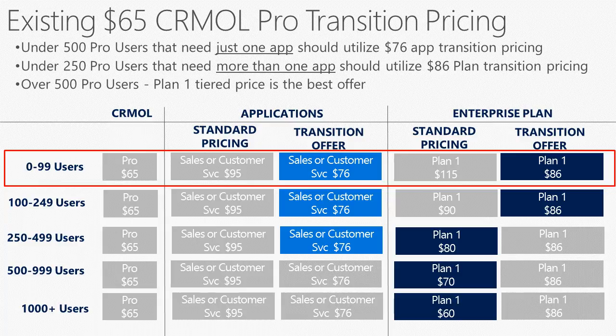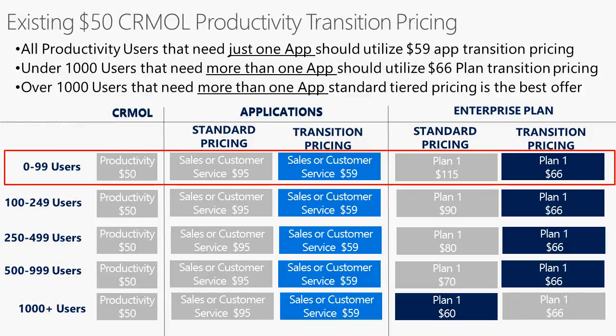If you do want to use the full plan, so Enterprise Plan 1, that would be $86. And you can see that there is about a $19 cost savings per user per month if you go with this transition offer.